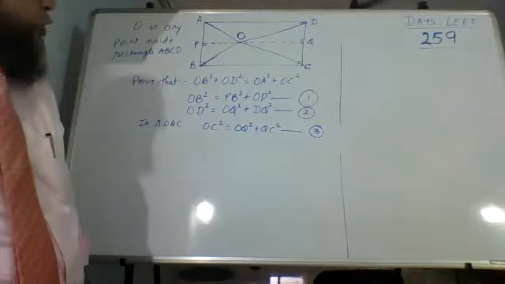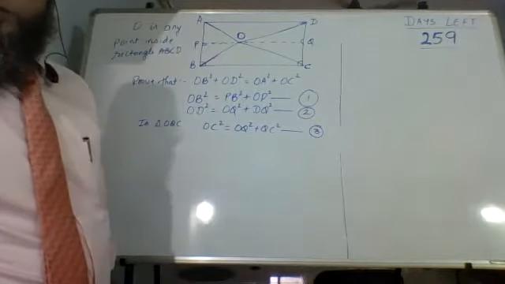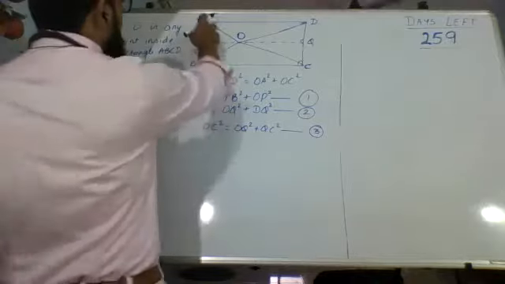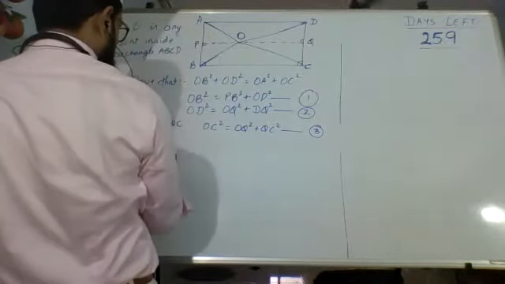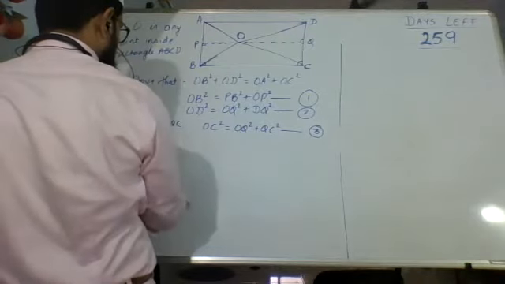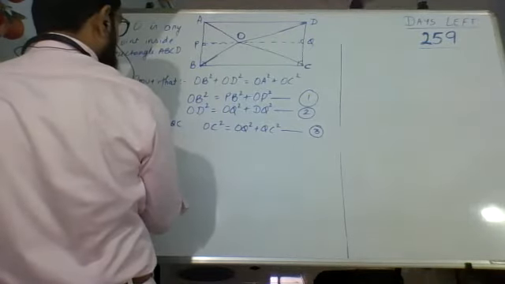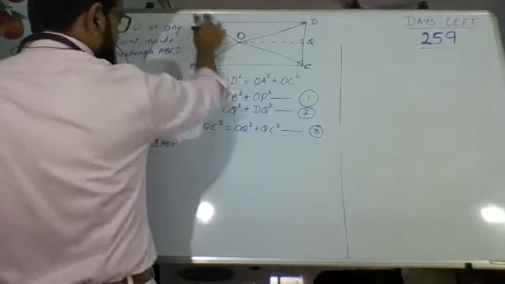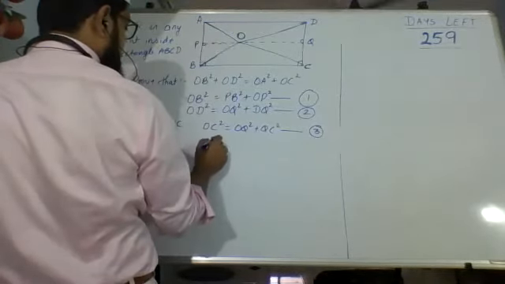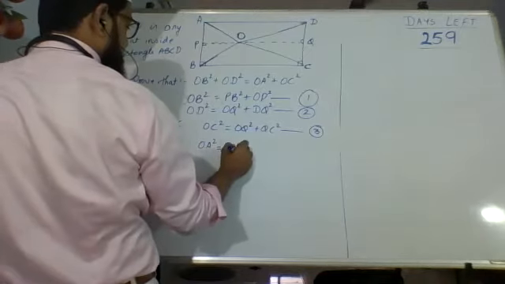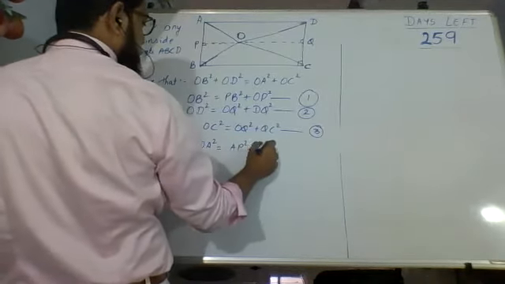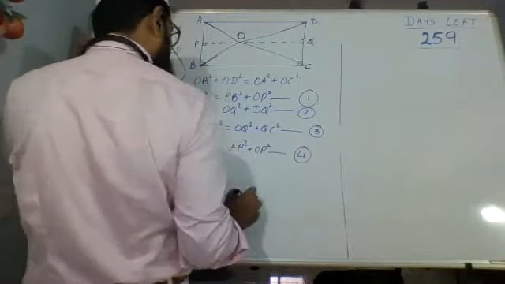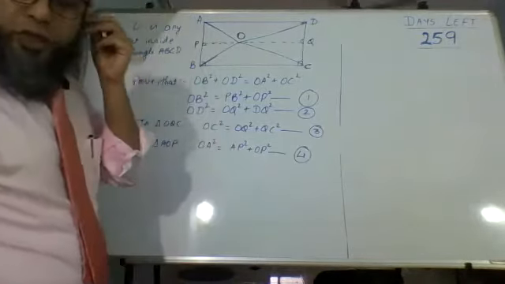Okay, and then in the other triangle, in triangle AOP, again P is 90 degrees, so OA square equals to AP square plus OP square. Again, by Pythagoras, this is equation number 4.